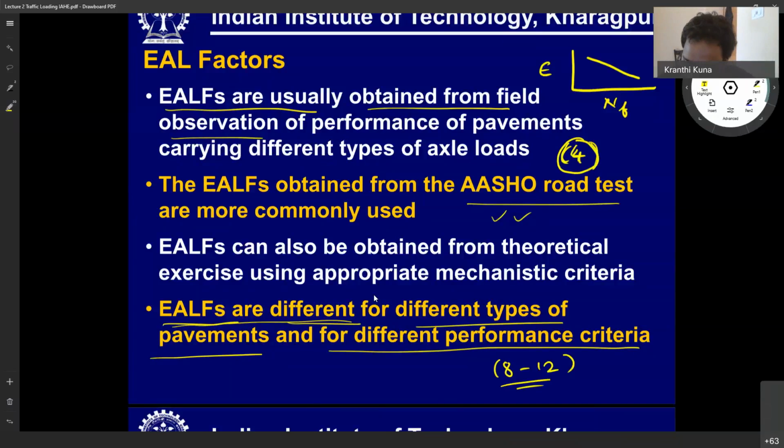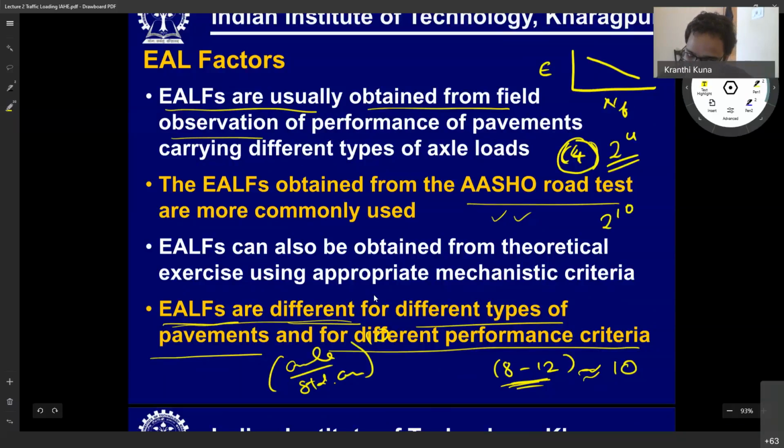But for concrete pavement, if I take an intermediate value of 10, axle load divided by standard axle load, power 10. If I double it, how many times will it increase? 2 power 10 times. Here it is 2 power 4 times. Whereas for the concrete pavement, it is power 10. So relative damage in concrete pavement is much more for heavier loads.